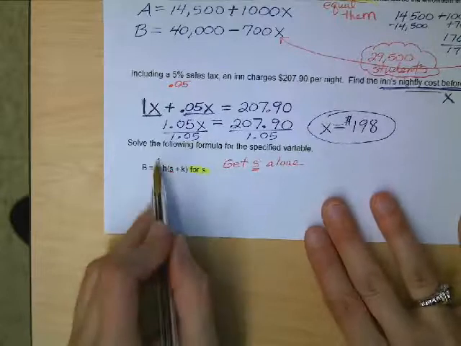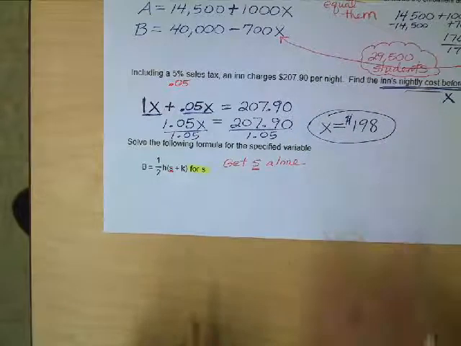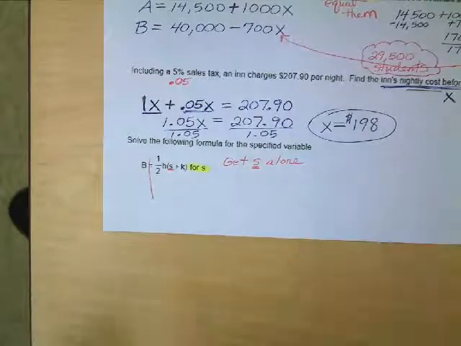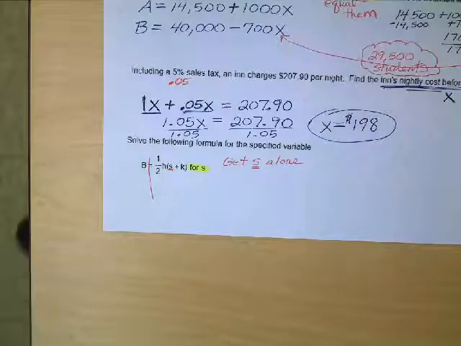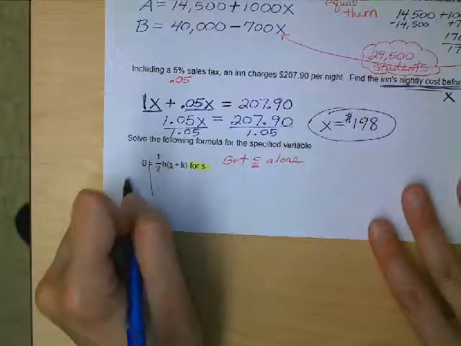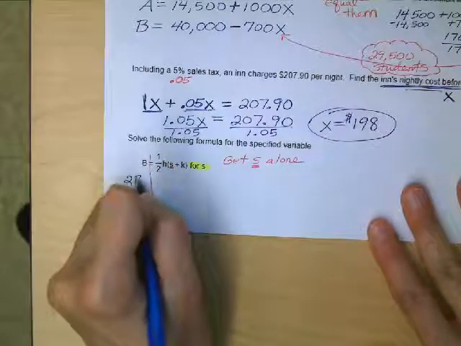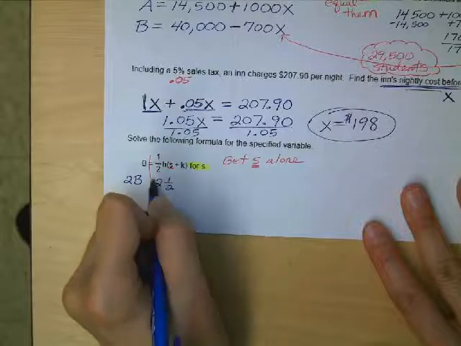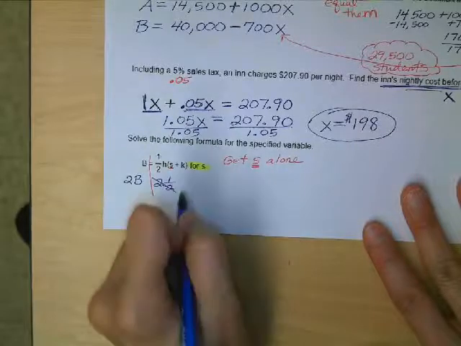So how do you get rid of the 1/2 that's in front? You've got this problem, it has a 1/2. I don't want the 1/2 in front of this times the s. Yeah, you multiply by the reciprocal. So you multiply by 2, because when you take 2 times 1/2, it cancels out.